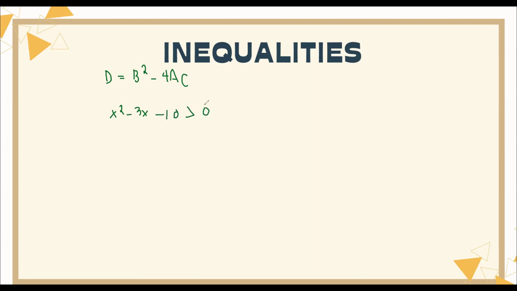Let's identify its parts. A is 1, B is negative 3, C is negative 10. So first we have b squared, so that is negative 3 squared minus 4 times A times C. Let's compute.